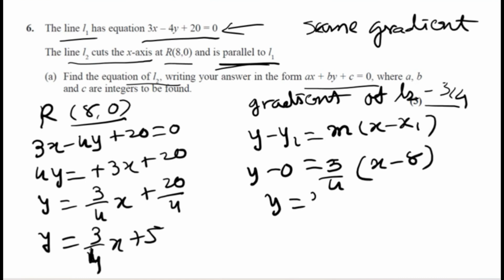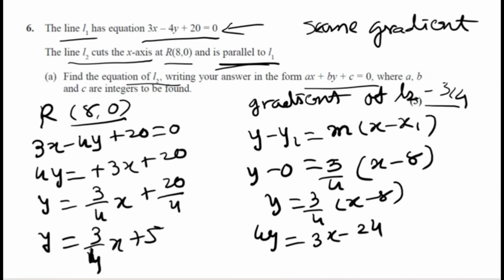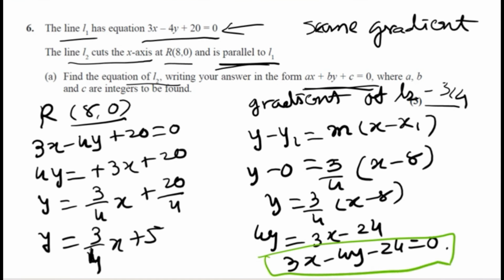So y is equal to 3 over 4 times (x minus 8). I am moving 4 to this side, so 4y is equal to 3x minus 24. So I am rearranging in this form: 3x minus 4y minus 24 is equal to 0. So this is the equation of the line L2.